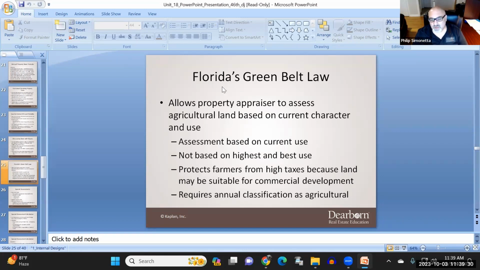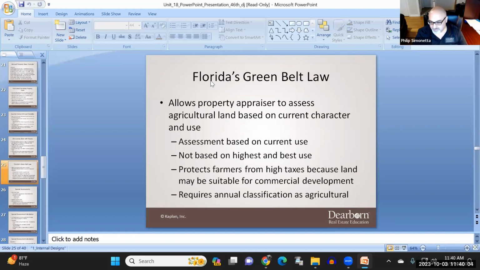Now you also have a law called the Florida Greenbelt Law. Remember we talked about highest and best use? So if you have a huge piece of land with cows on it, it's worth what it's worth with the cows on it, right? Obviously, if you develop that land and put 150 houses on it, it'd be worth a lot more, right? Well, there's something in Florida called the Greenbelt Law, and it allows property appraisers to assess agricultural land based on the current character and use.